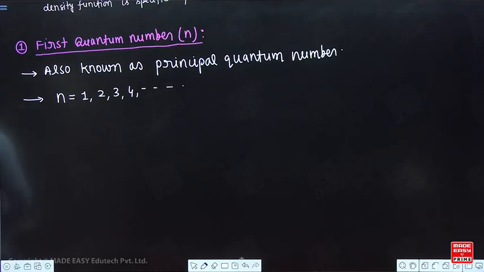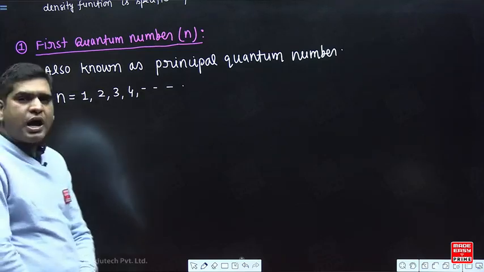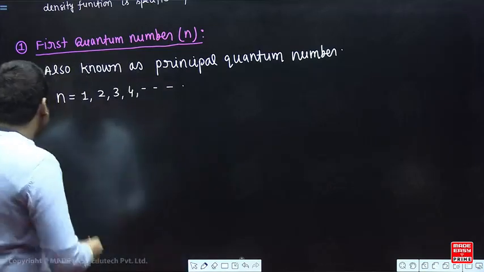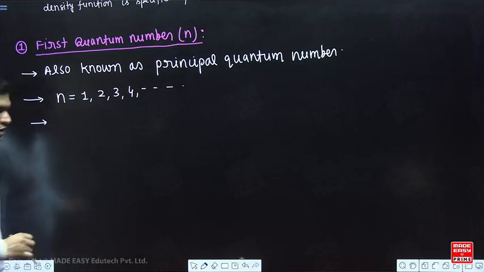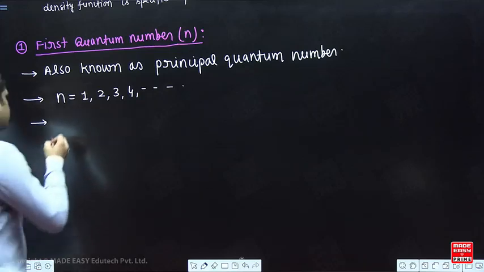This quantum number is related to the distance of an electron from the nucleus. Basically, it will tell you about the orbit. This quantum number represents shells. Shells are specified by this quantum number.